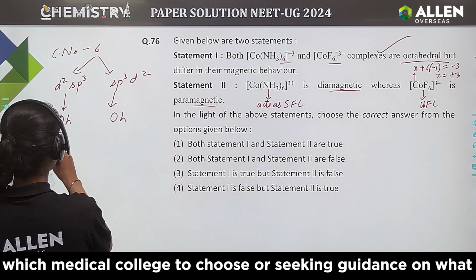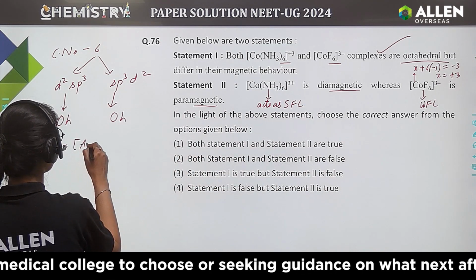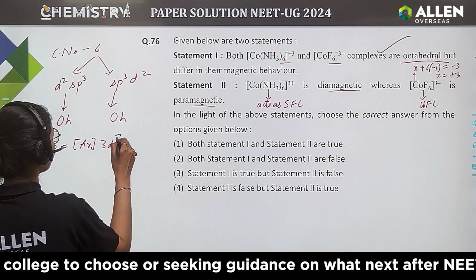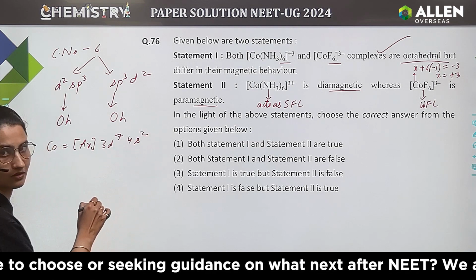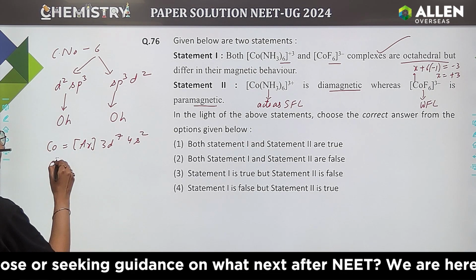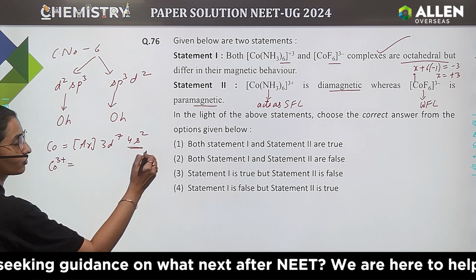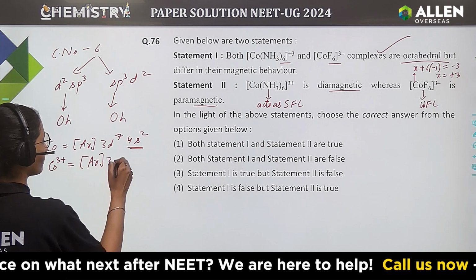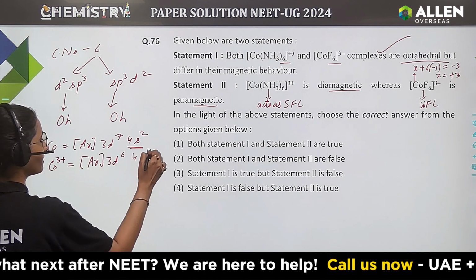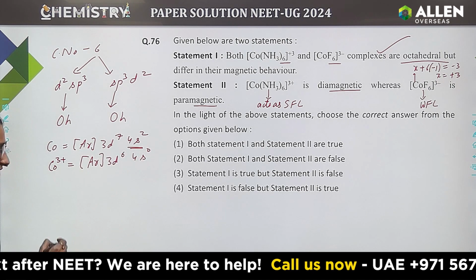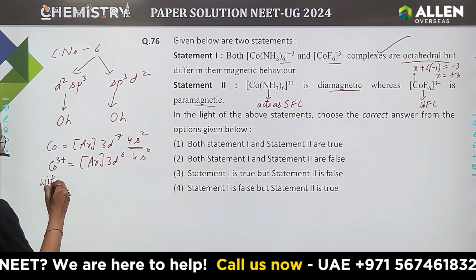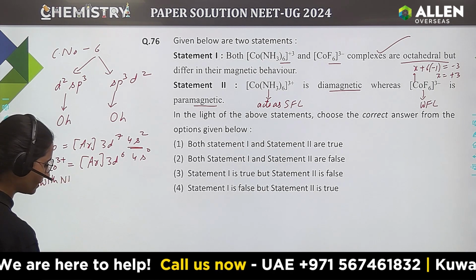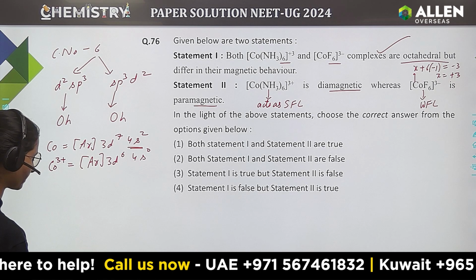So students, the configuration of Co is argon 3d7 4s2. The configuration of Co+3 would be: 2 electrons from 4s and 1 from 3d are lost. So 3d6 4s0. Now with NH3, or let me draw quickly, I'll show you the ground state.